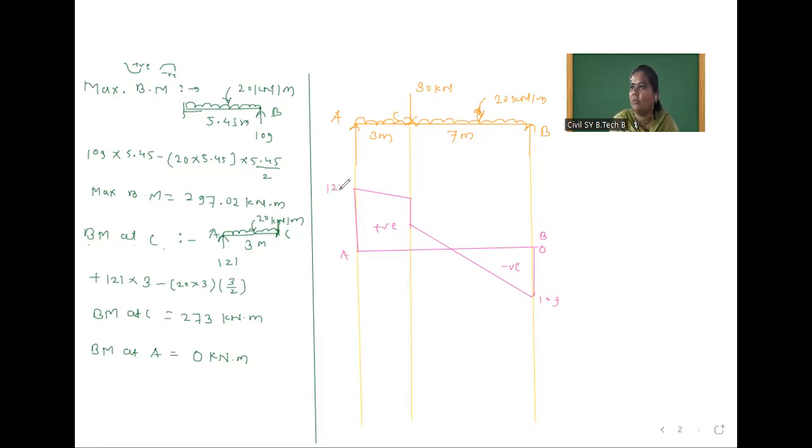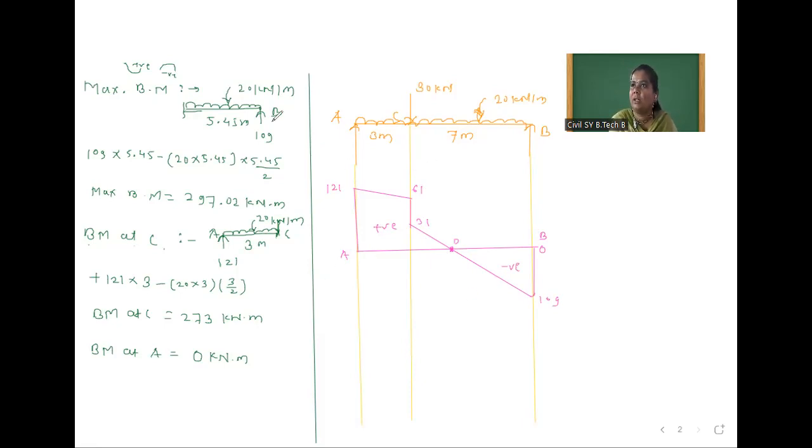Here value is 121, here 61, here 31. And now you observe here the value of shear force is 0. That means at this point the value of bending moment is maximum. So we will mark this as, suppose, D point. Okay, this D point.